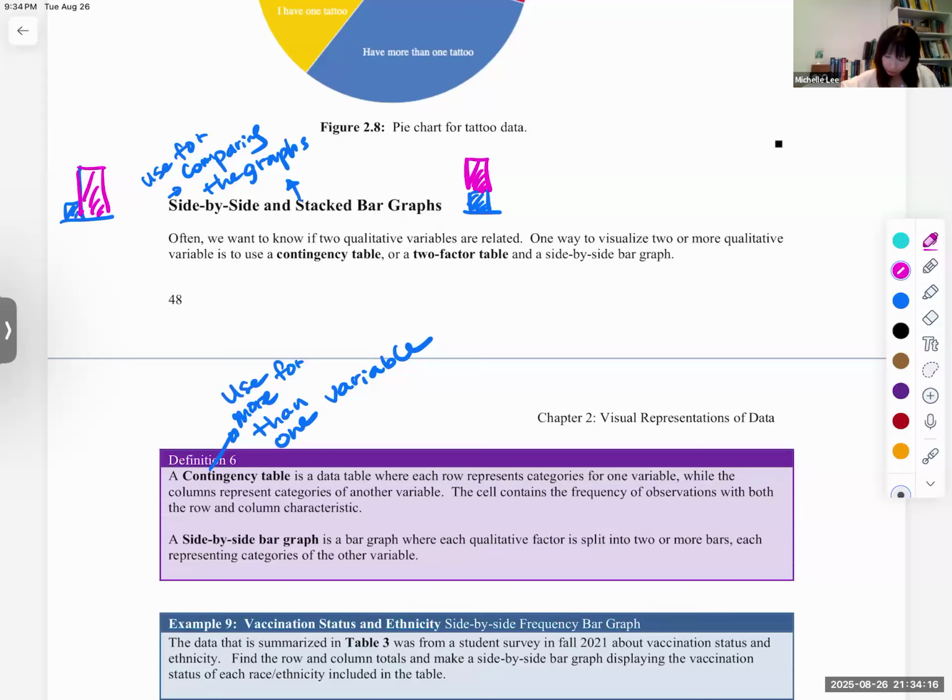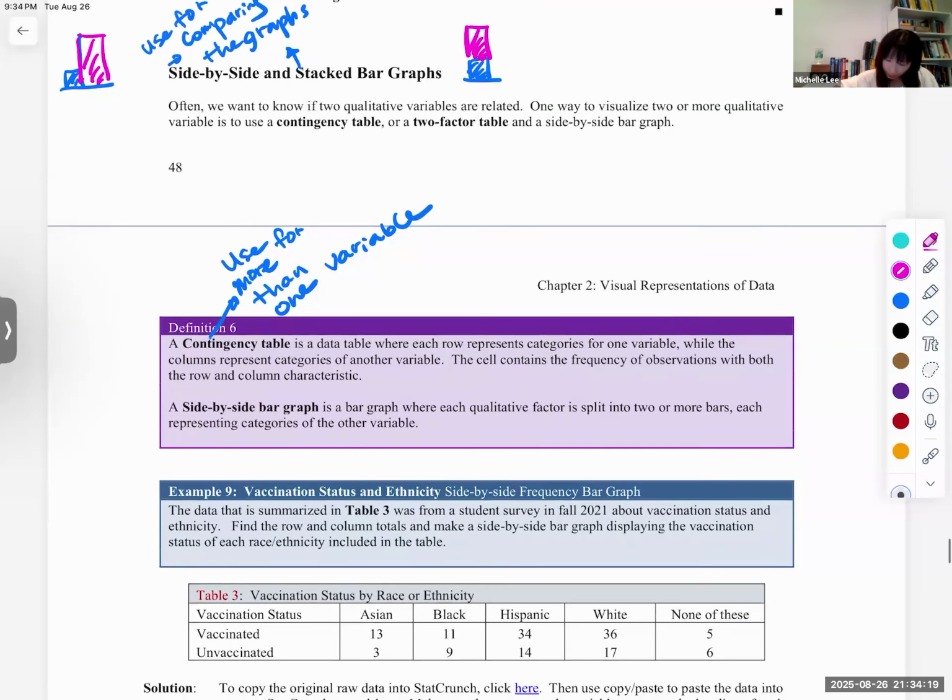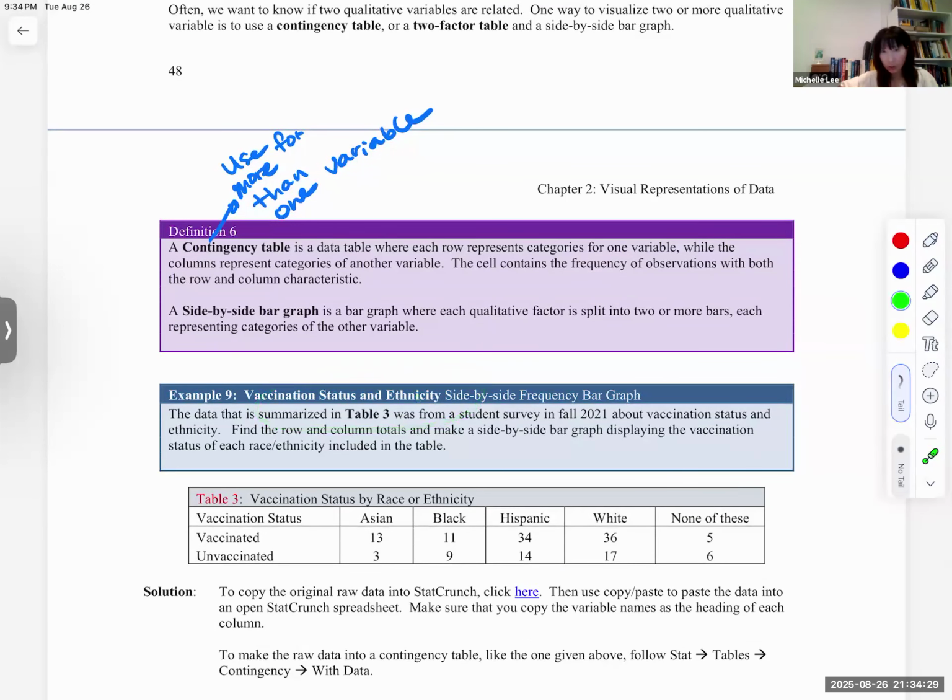Okay, so we have vaccination status and ethnicity. And then we want to make a contingency table. This is a contingency table. So we are going to make this table from the raw data. Okay, so here we want to click and then make this table.